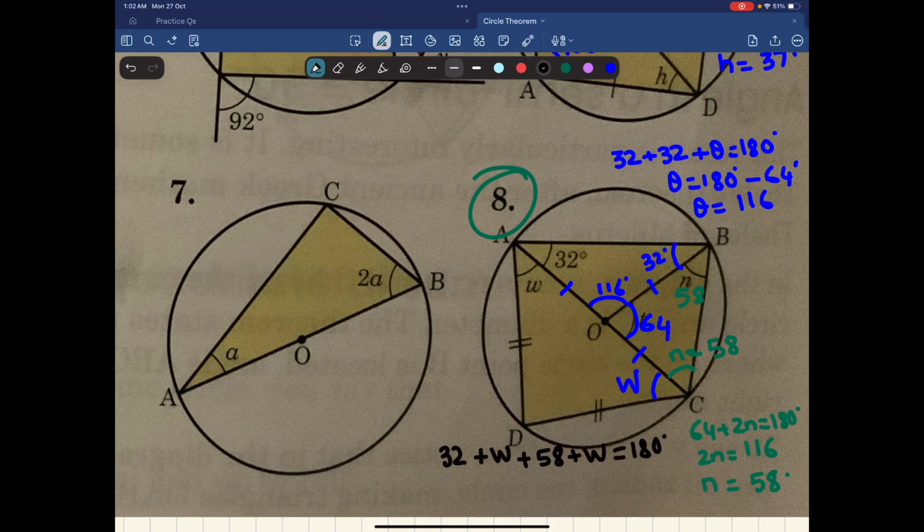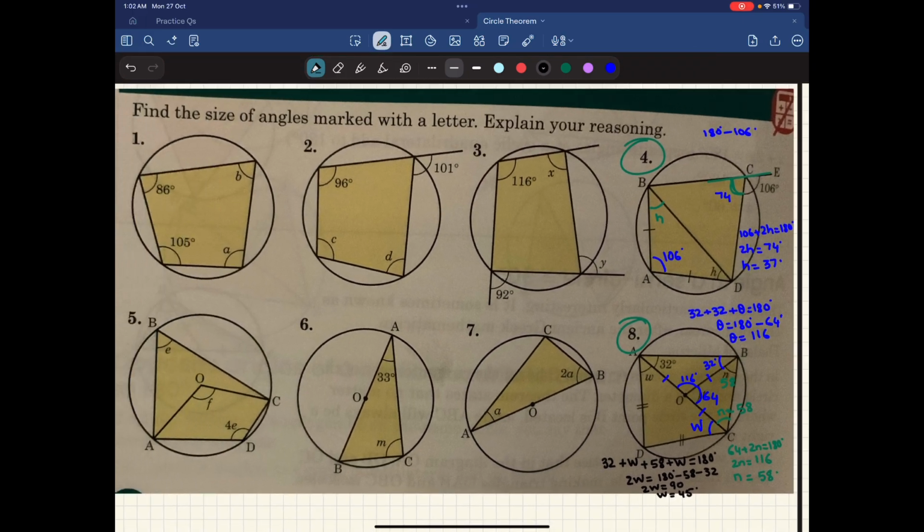Since we have an equation with only one unknown, we can very easily find the value of that unknown. So 2w is equal to 180 minus 58 minus 32. 2w is equal to 90. w is equal to 45 degrees. So the value of w in this case is 45.